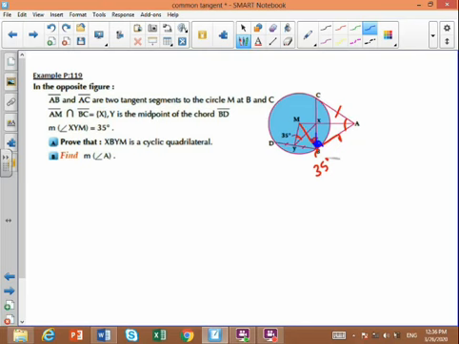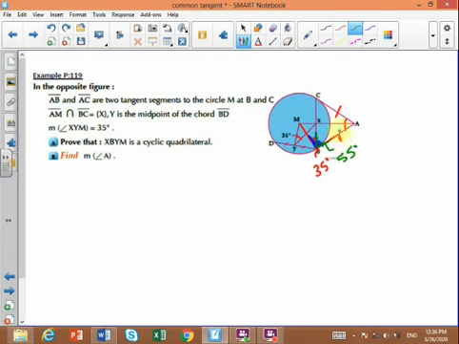And apart from the right angle I have 35, so the rest, XBA, will be 90 minus 35, so this green one will be 55.